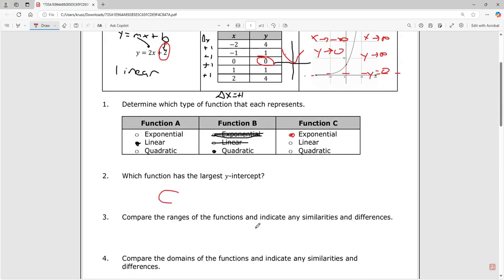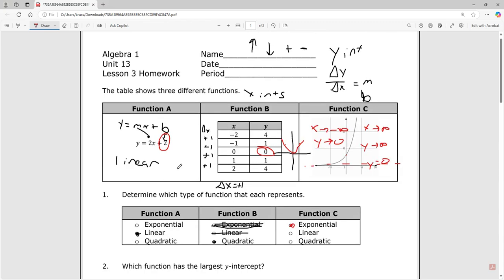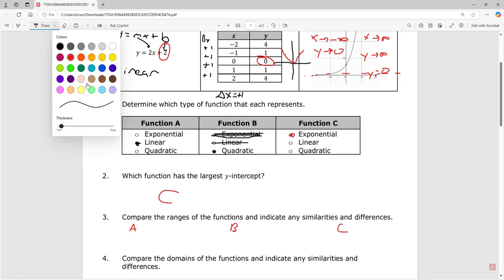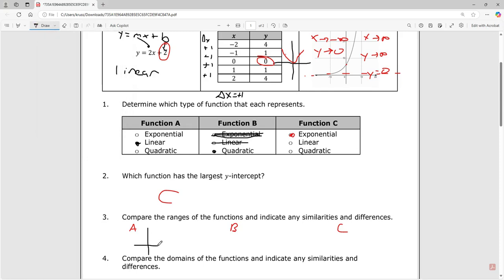Okay, compare the ranges of the functions and indicate the dissimilarities and the differences. Okay, well, function A looks kind of like this. Function B and function C. And let's do like a real quick little loop, like that, and like that.